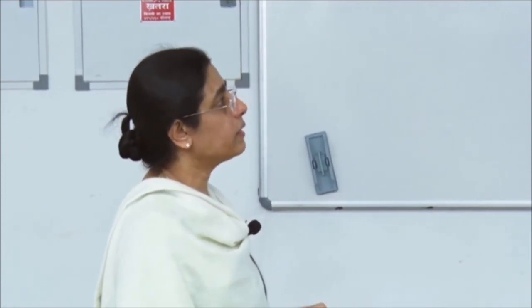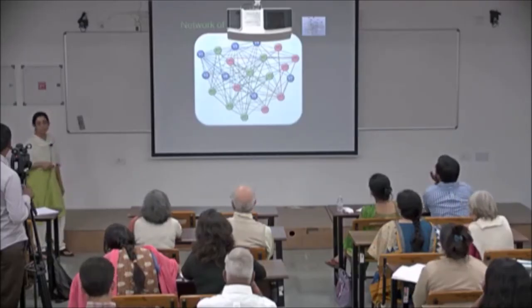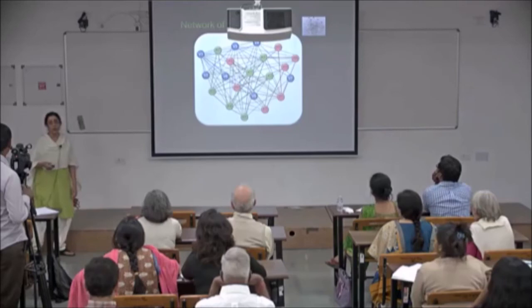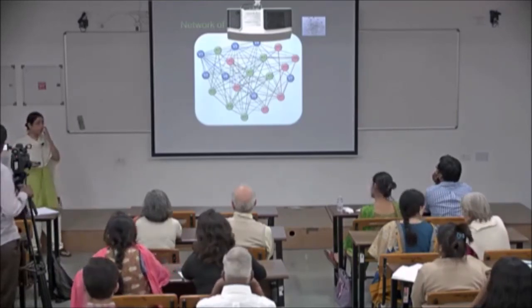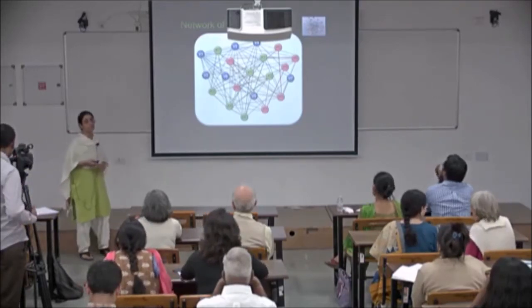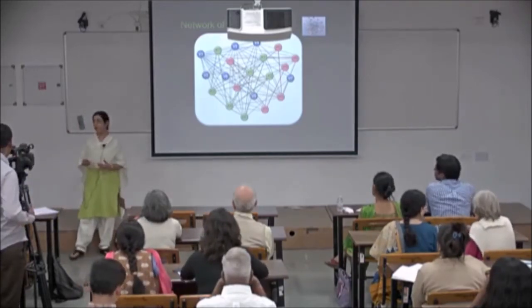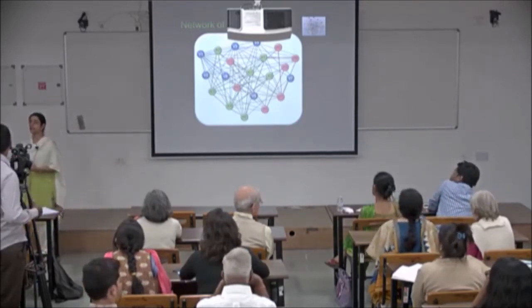This one is a network of proteins. You all may have heard of genome and proteome and metabolome. Modern medicine is no longer talking of individual genes, proteins and metabolites. They are talking about how these are networked and how they interact with each other to give emergent properties.